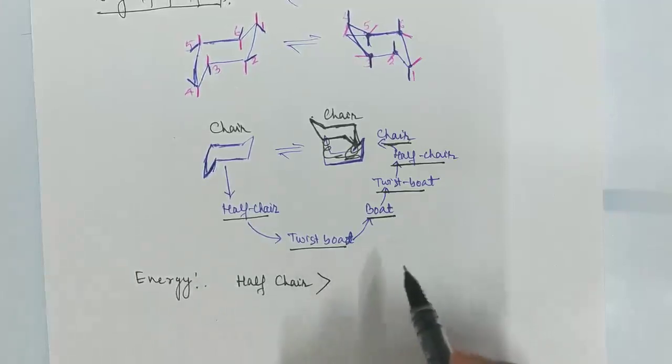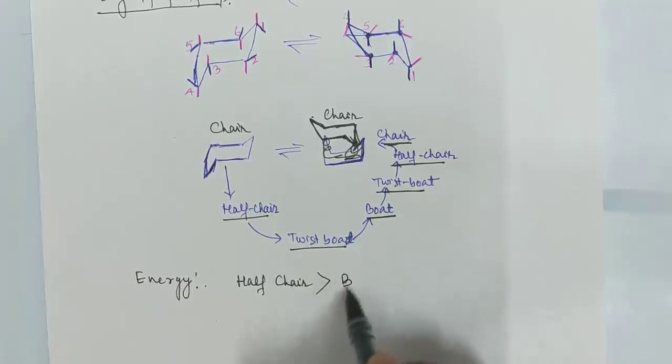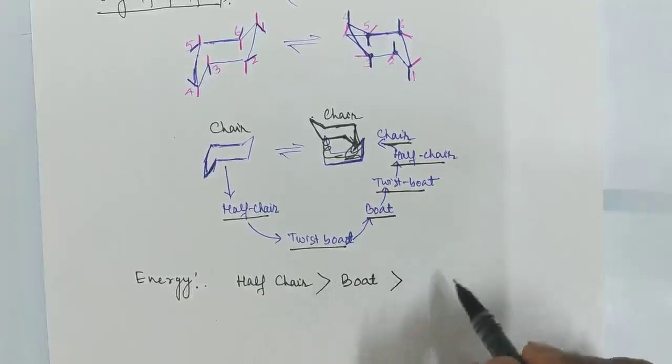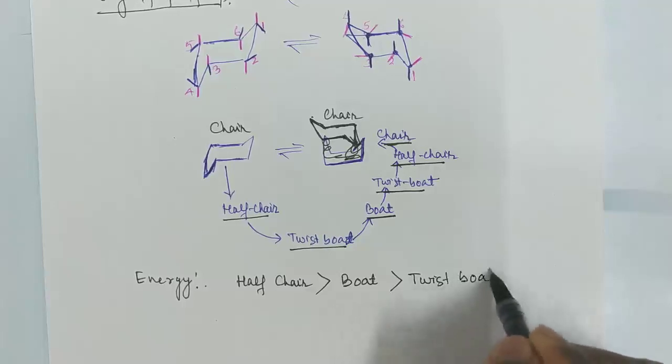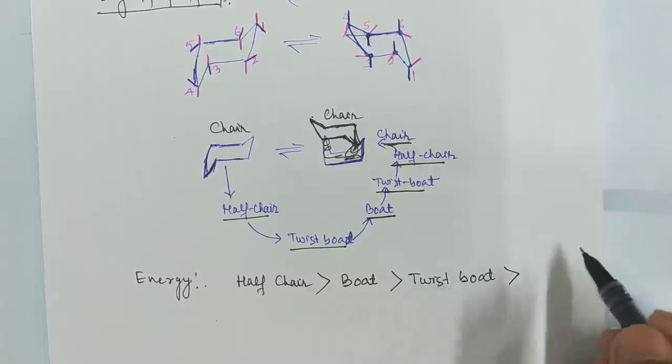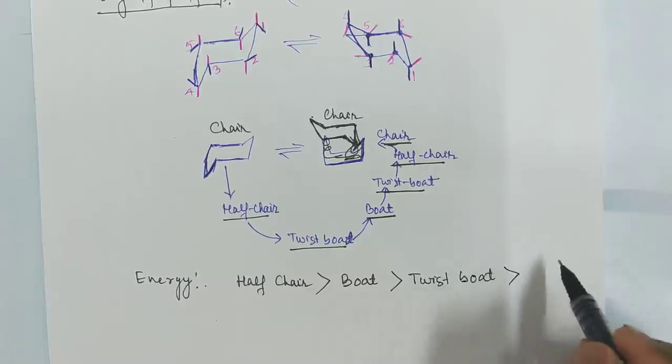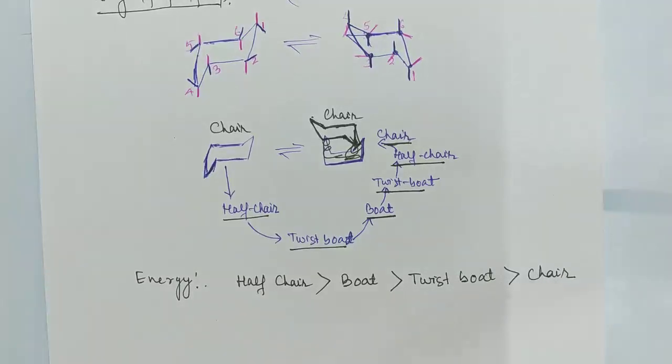After that, boat, after that twist boat, and then chair. So this is the order of energy.